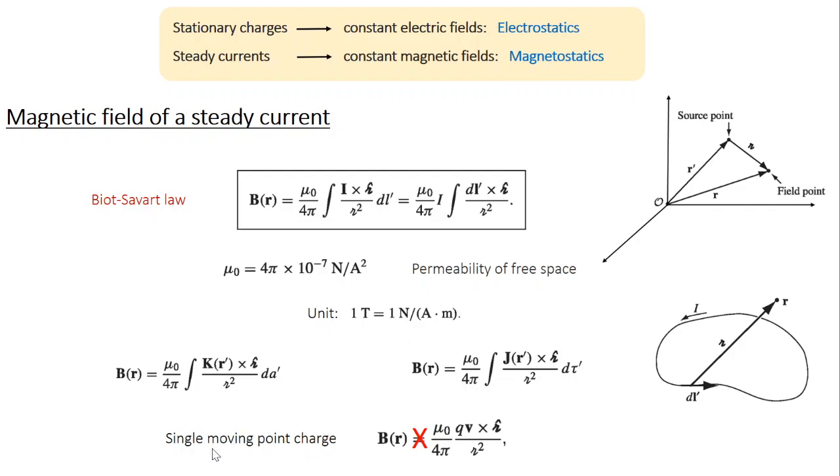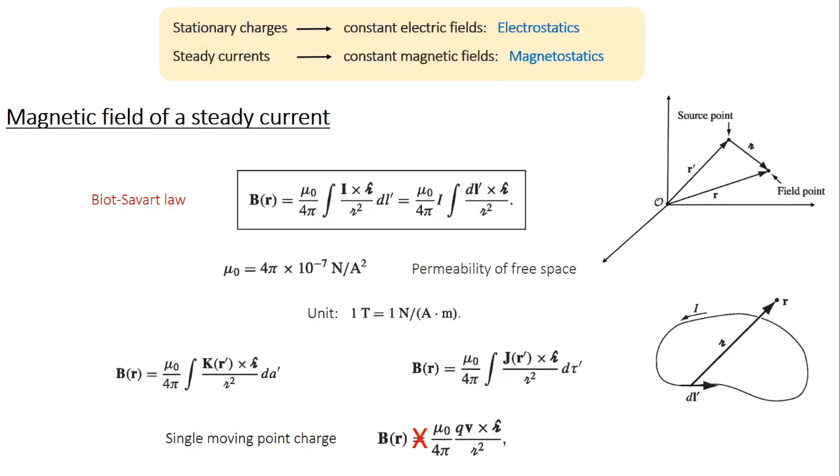Now, what about a single moving point charge? Can I find out the magnetic field associated with a single point charge using Biot-Savart law? If you follow the definition here, I can write for a single charge B of r equal to mu naught divided by 4 pi, and current is nothing but charge density multiplied by velocity.